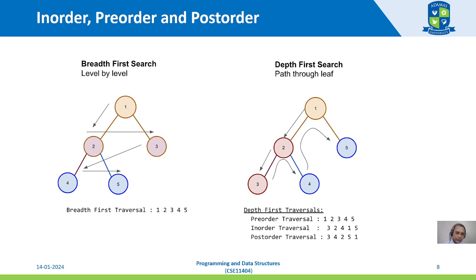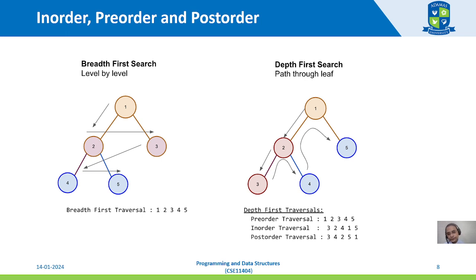If we follow the arrow, the traversal started from the root, that is the value 1, then it traversed to the left child first, that is the value 2, then to the left side of node 2, then to the right node of node 2, then again to the right node of the root 1.